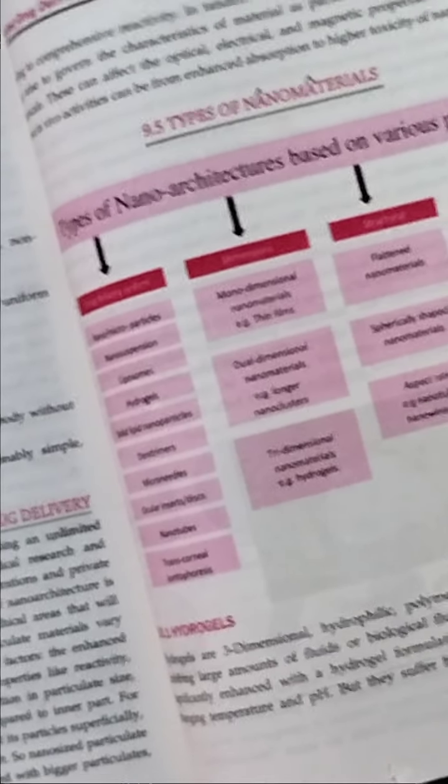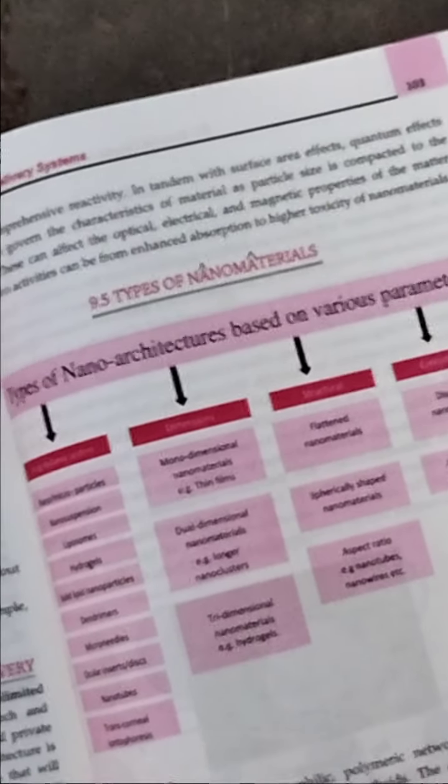Here, a large amount of fluids or biological fluids are absorbed by the gels, and the drug residence time can be significantly enhanced with a hydrogel formulation. The gelation can be obtained by changing temperature and pH.